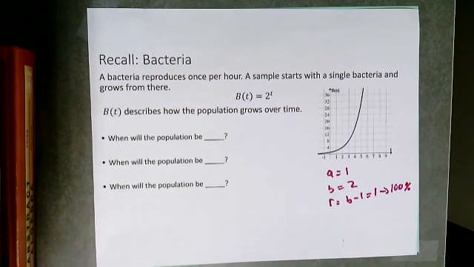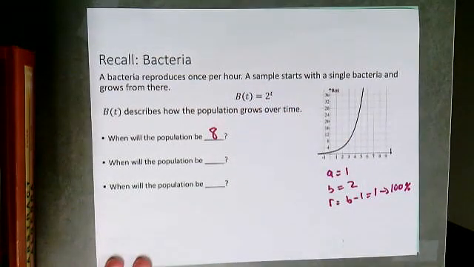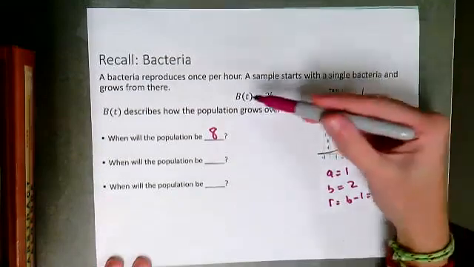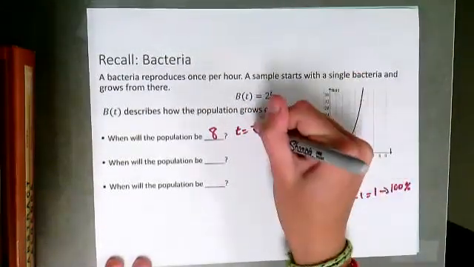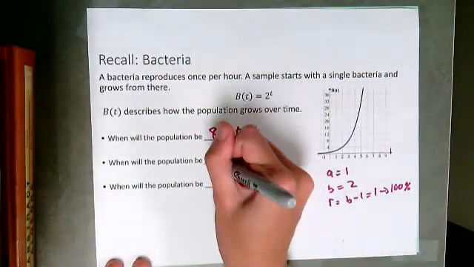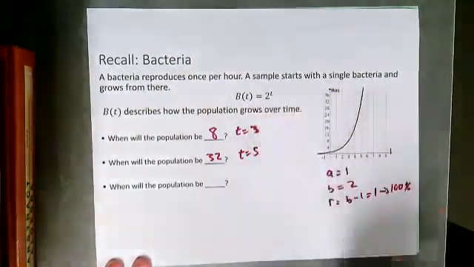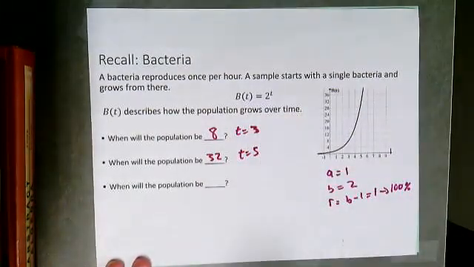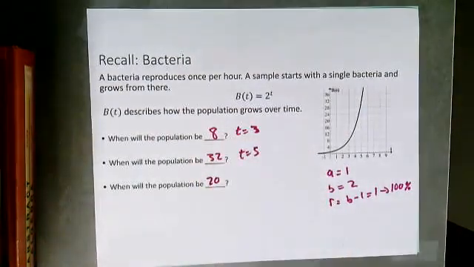Let's answer some of these questions. When will the population be 8? Well, it's pretty easy because if b of t is equal to 8, 2 raised to the 3 equals 8. So t is equal to 3. When will the population be, say, 32? Well, that happens when t is equal to 5. That's kind of easy to see. What about when will the population be 20?